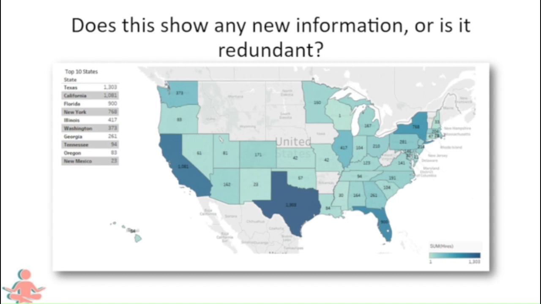So for example, on this slide, the top hires: we hired the most people in California and the most people in Texas. And it's like, well, those are also the biggest states and you have the most facilities there. So what is this actually telling you? Are you over hiring based on what the population or the needs are? Are you under hiring? What's the difference? You're just showing the baseline number.